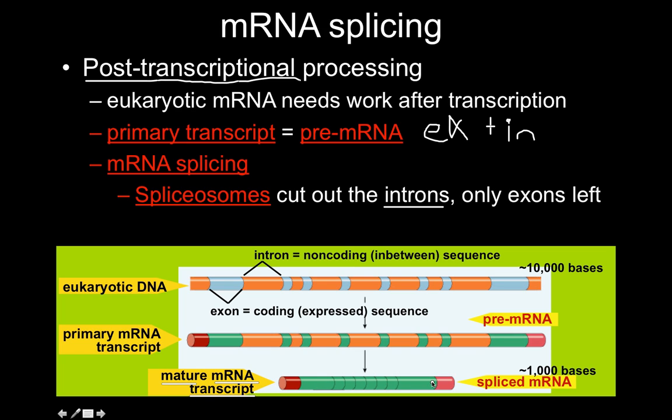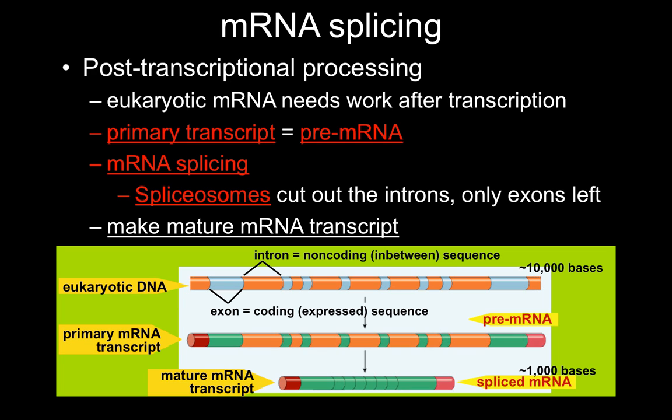So all we're left with is the exons, and that is what's going to go out to the ribosomes to be able to make the protein. The mRNA strand that goes out to the ribosome only has exons in it to make the specific protein that we need. And again, that's called the mature mRNA transcript.